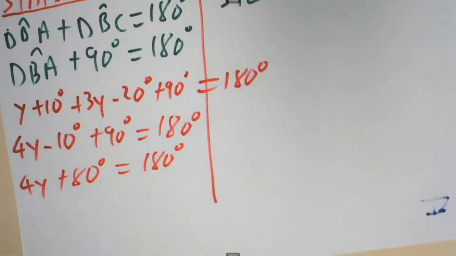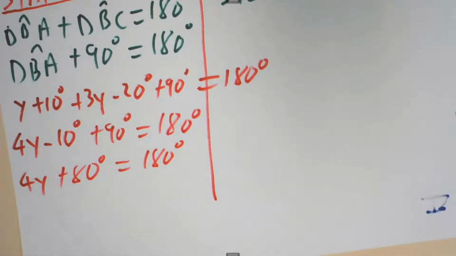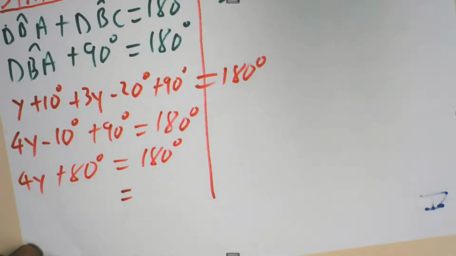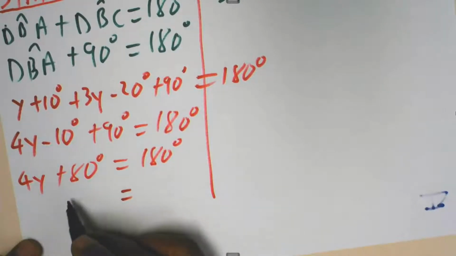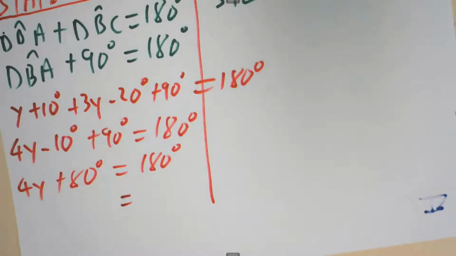You remember now, as far as equations are concerned, we want y to be on its own, the variables on the one side, and your constants on the right. Therefore, when you transpose, your 80 degrees is going to be negative.